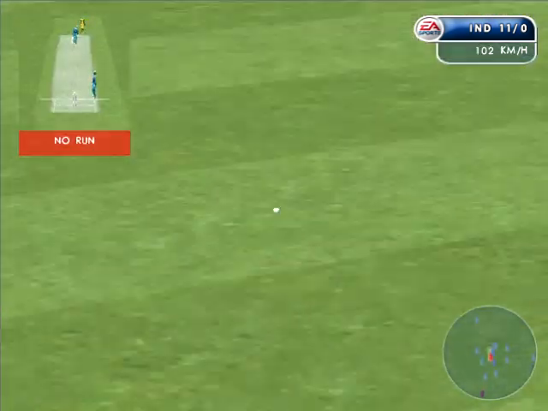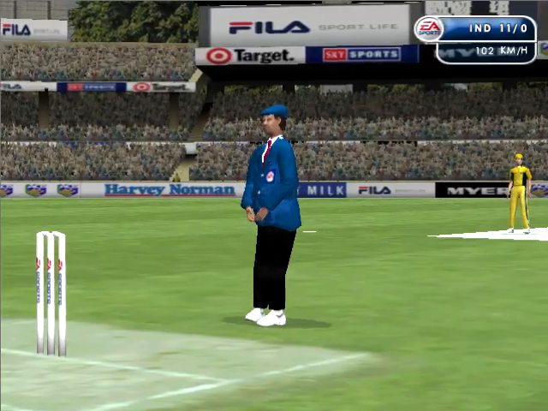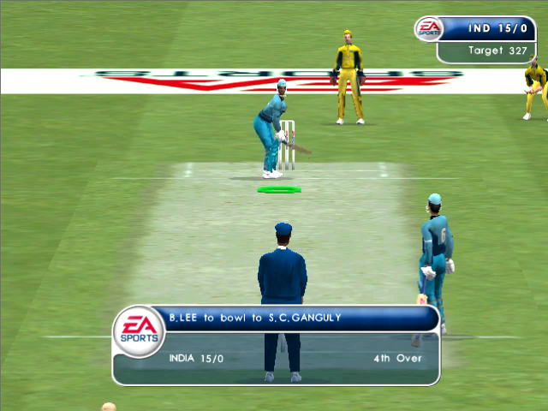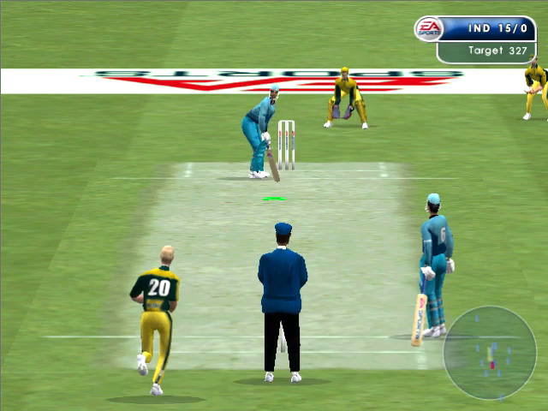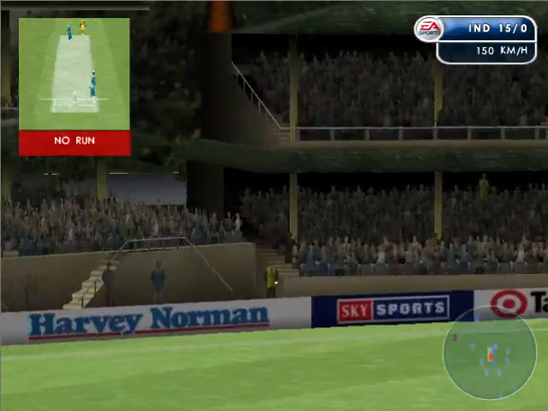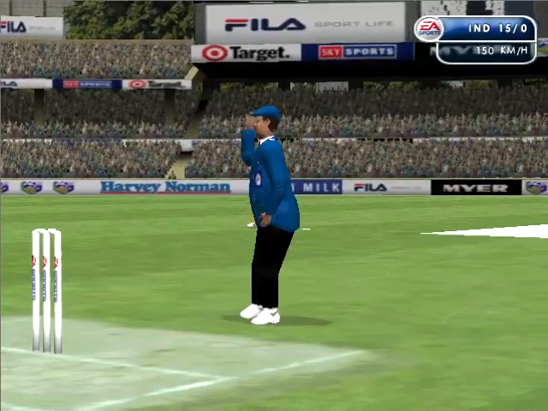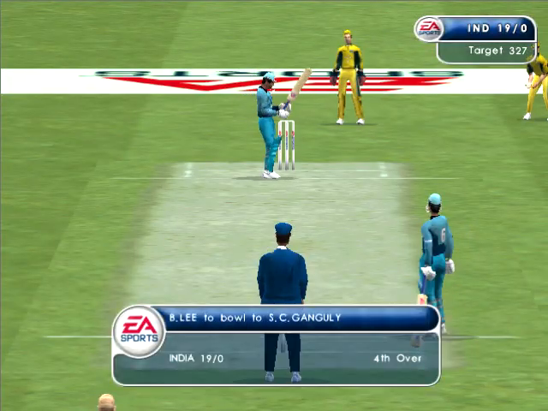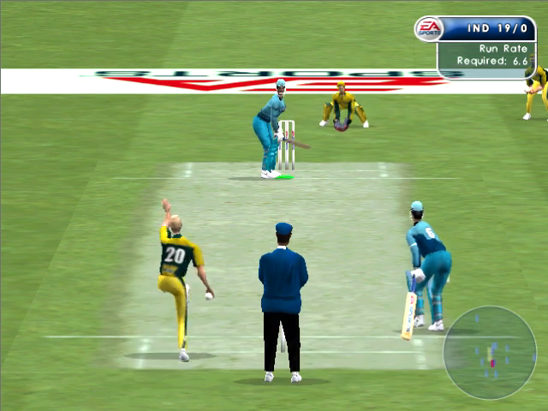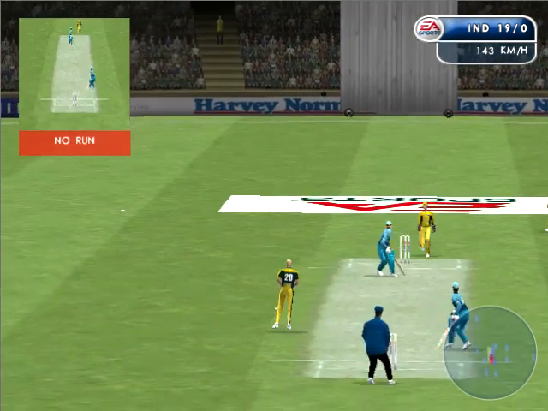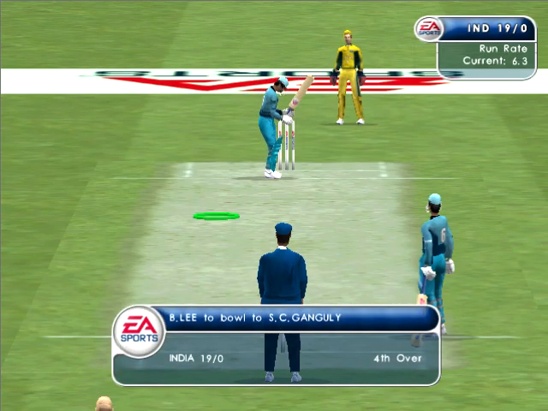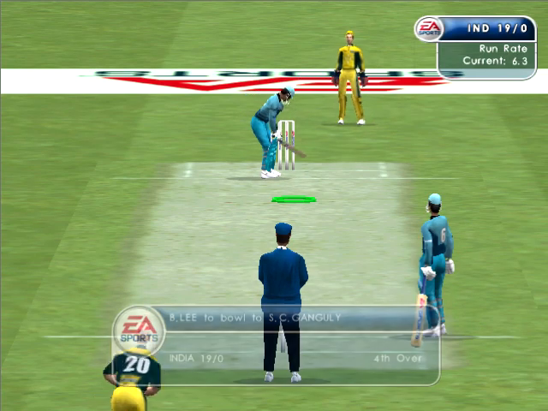There it goes. That's the first boundary for Ganguly. Ganguly won't miss anything bowled there. He should be looking to bowl a tighter line at this stage. Lee to bowl to Ganguly.